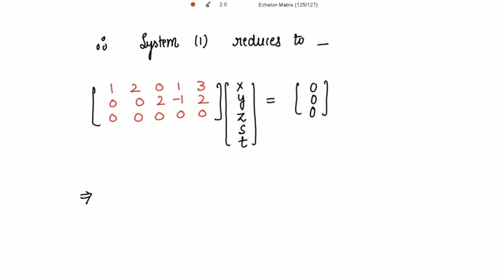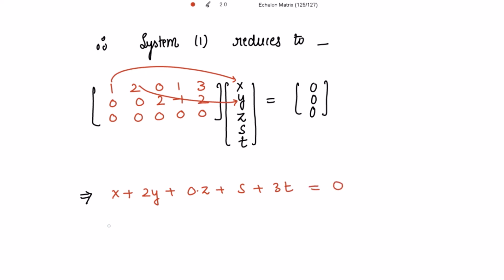So the system 1 reduces to this. From this we get the first equation: 1 multiplied with x we get x, plus 2 multiplied with y we get 2y. Similarly the coefficient of z is 0, and then plus s plus 3t equal to 0.